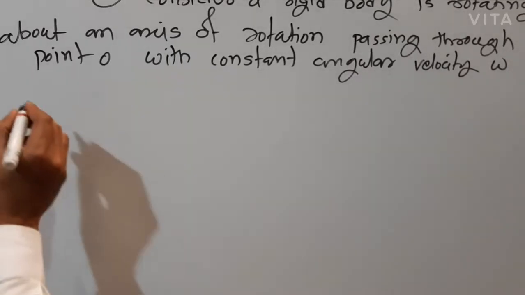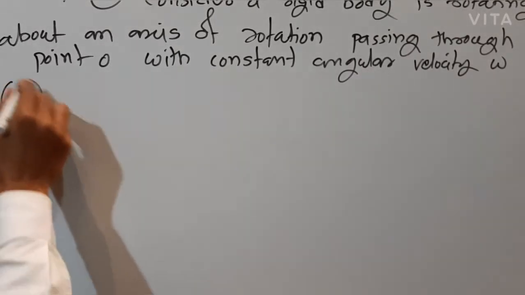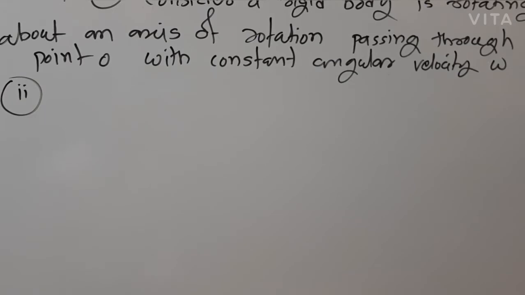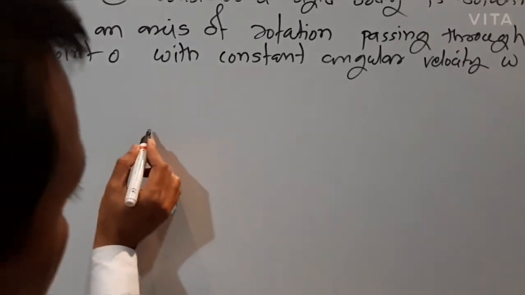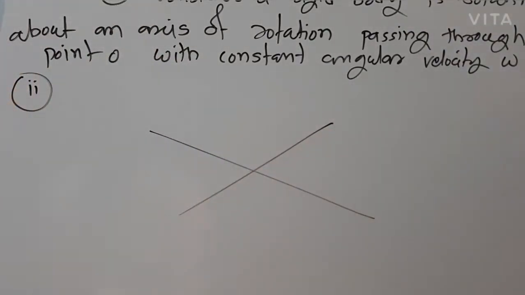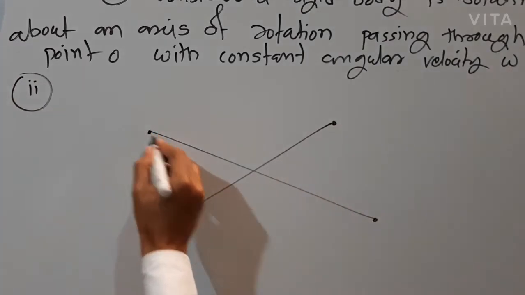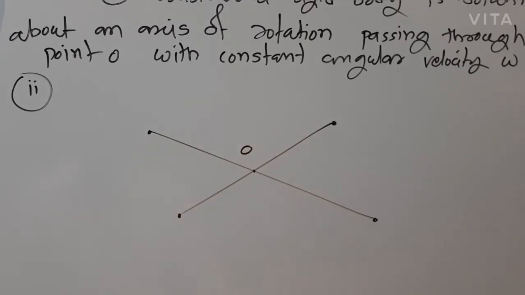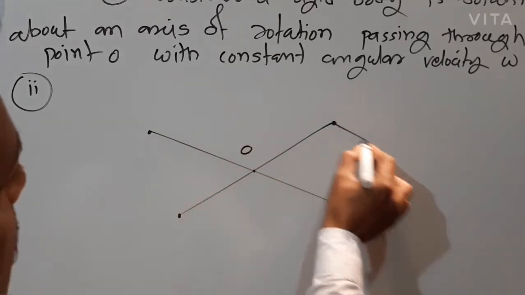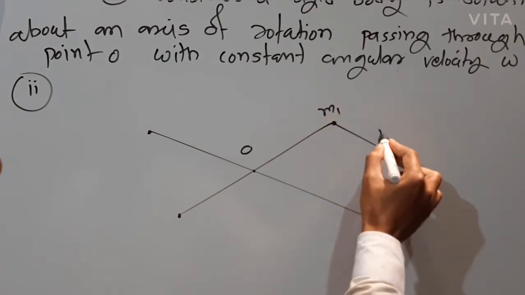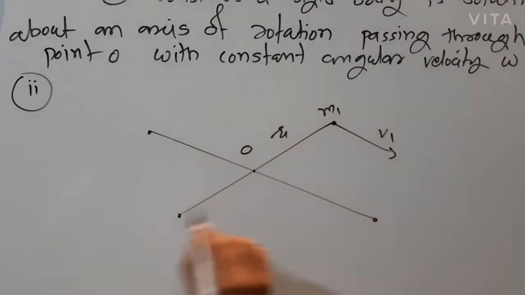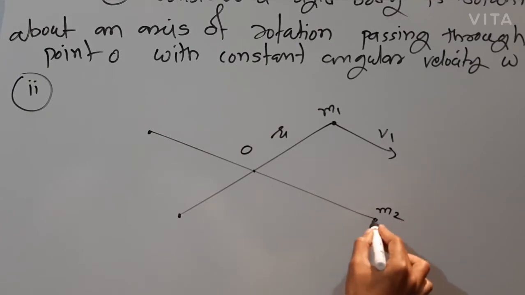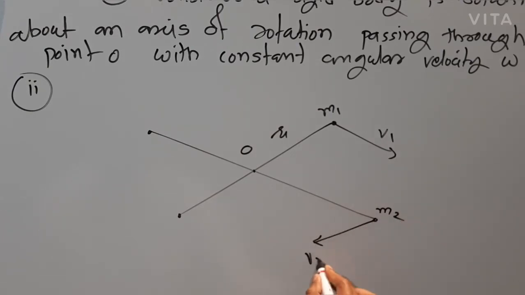Now the diagram is also in a similar way. The crossing point is O. The first point is M1, its velocity is V1, its distance is R1. This is M2, its velocity is V2, its distance is R2.